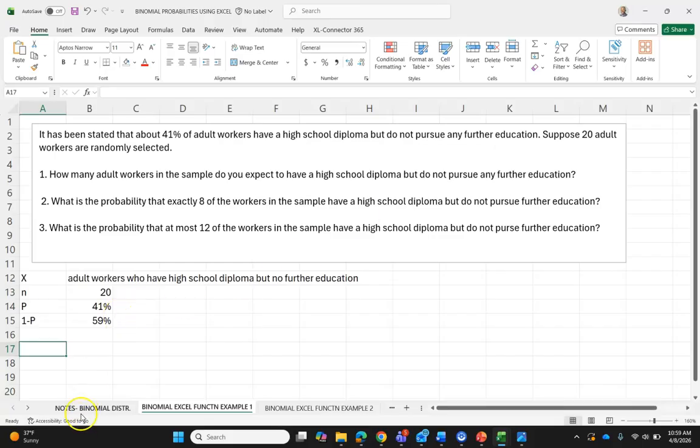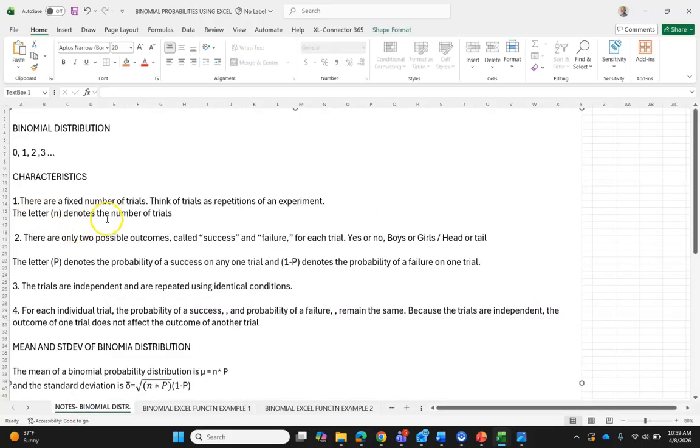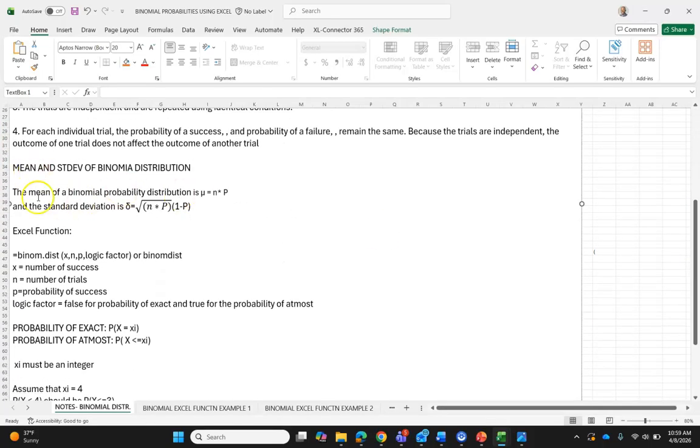So when we go back to the notes, you can see the average of the binomial distribution is given as mu equals the number of trials times the probability of success.